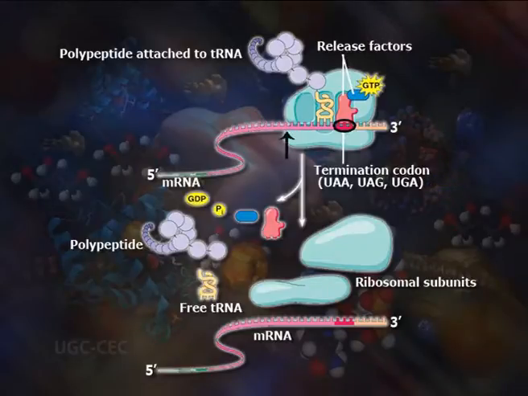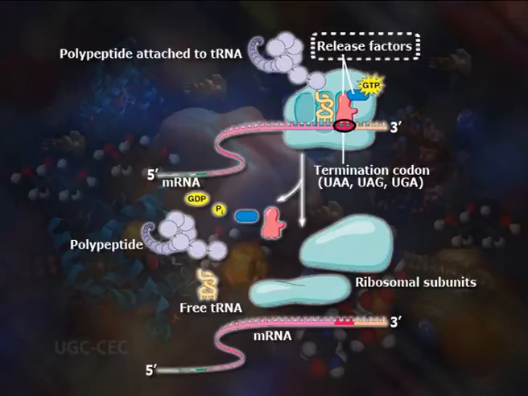When the ribosome reaches one of these termination codons, the signals are received to stop further elongation and terminate the polypeptide. The termination involves release factors that are RF1, RF2 and RF3 and GTP.